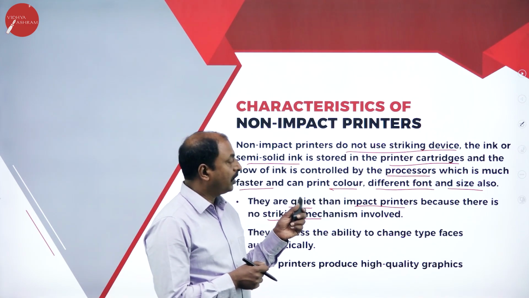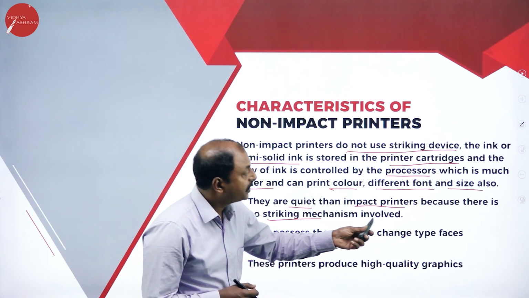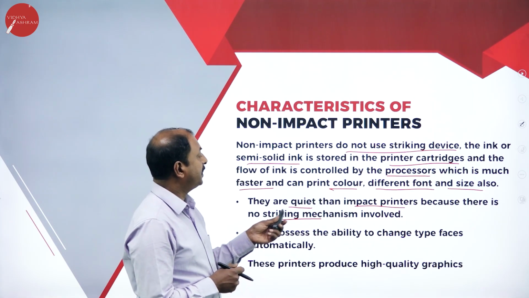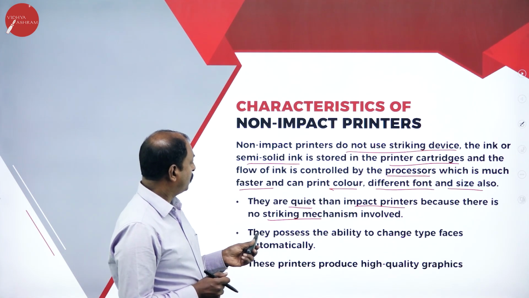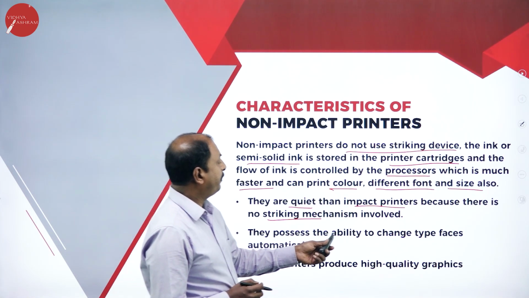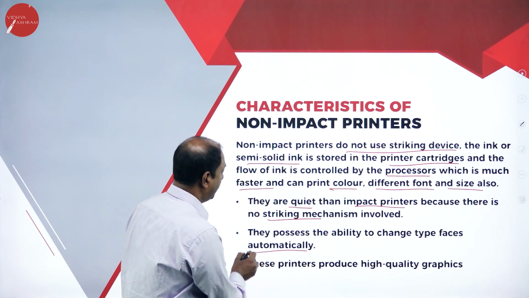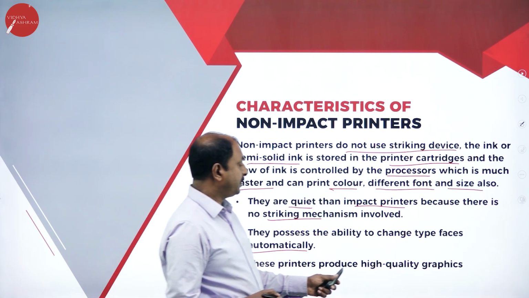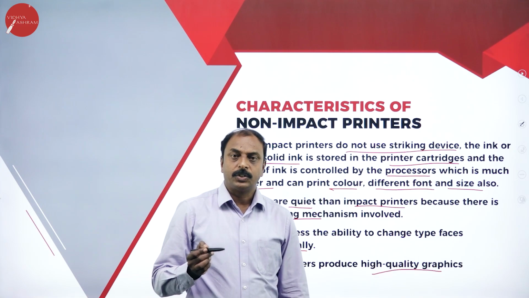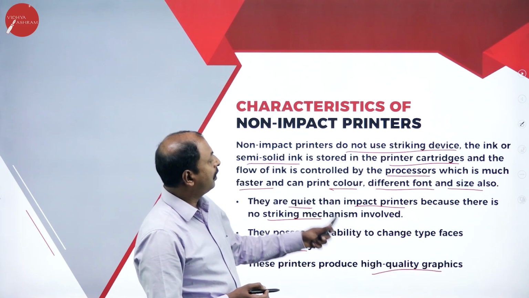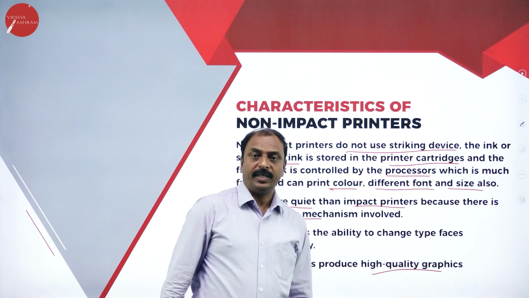But here in non-impact printers, there is no mechanism of striking against the ribbon, so it is very quiet, meaning it won't make any noise. They possess the ability to change the typefaces automatically, and these printers produce high quality graphics as compared to impact printers.